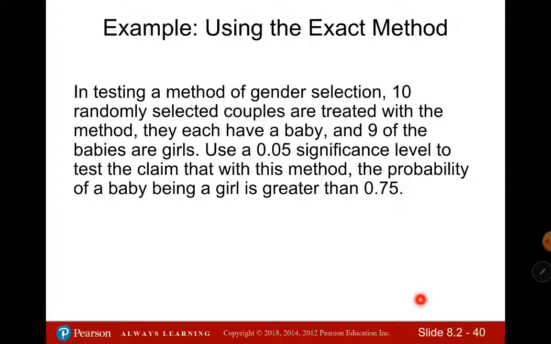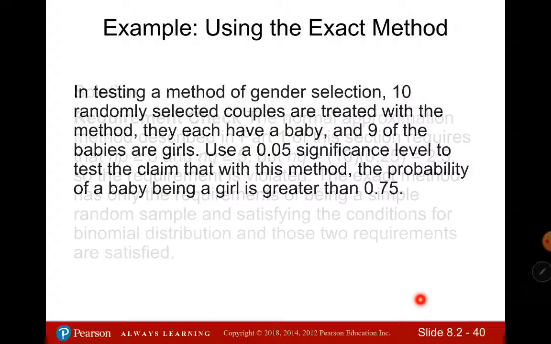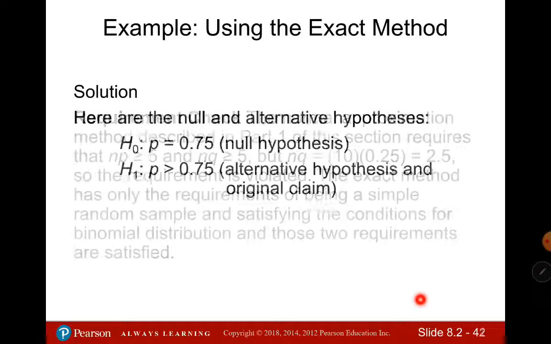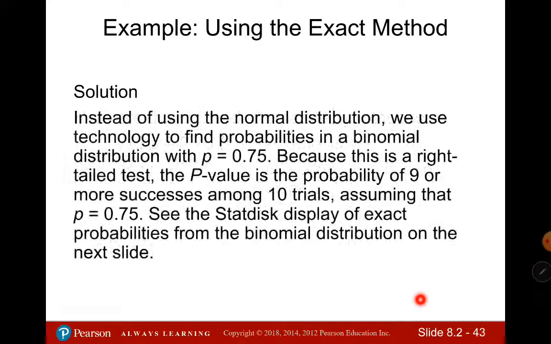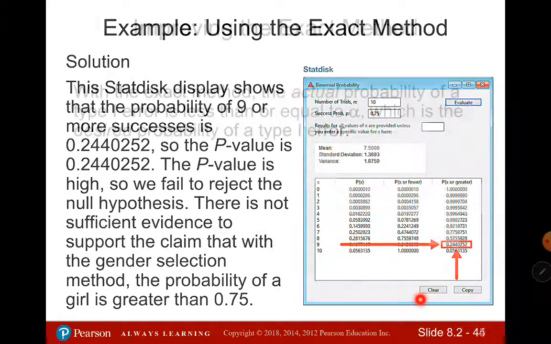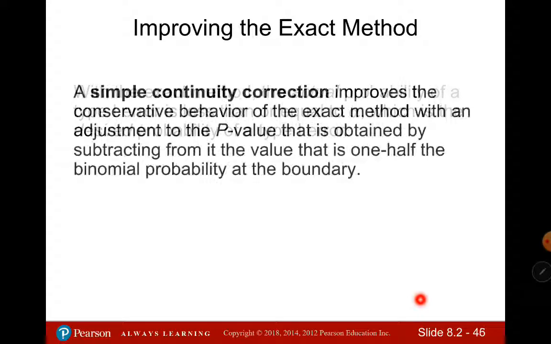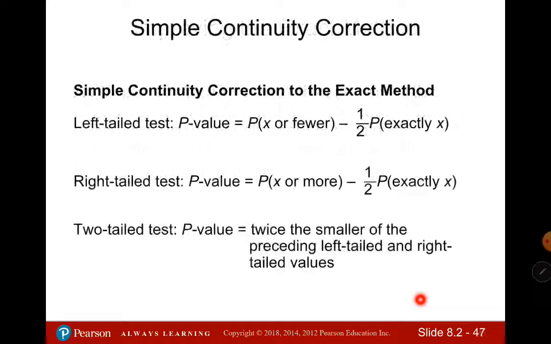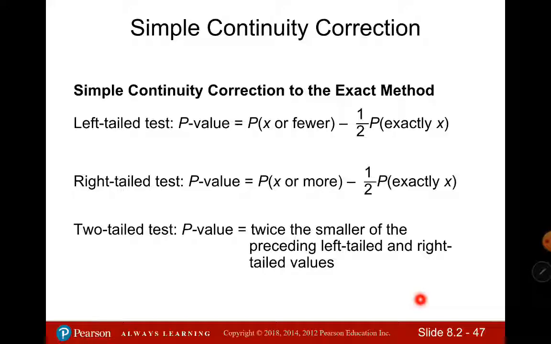So there is another method called the exact method, but we will quickly skip this one because we should use technology to do this method. It's impossible to use the table to do that. So let's just stop here.